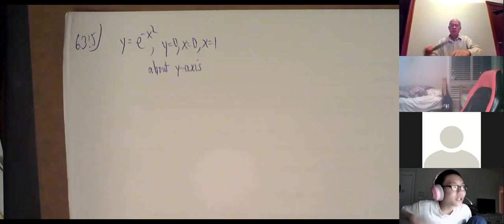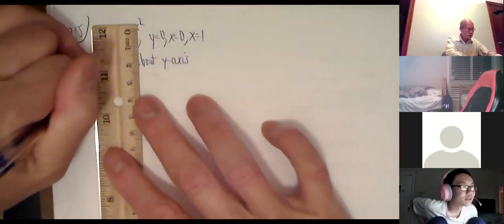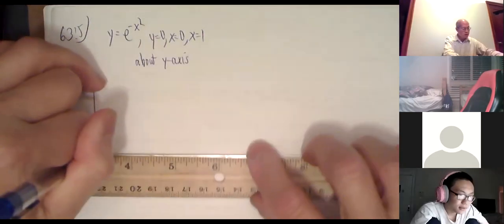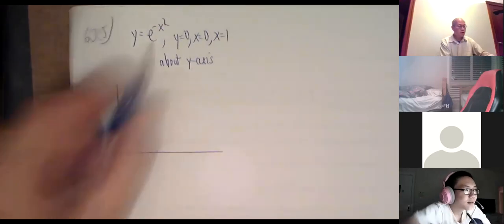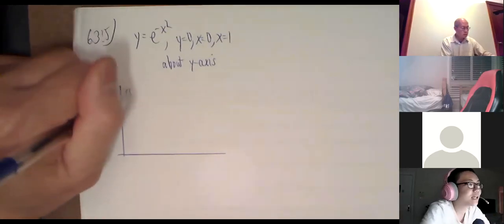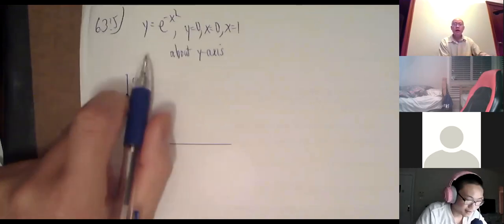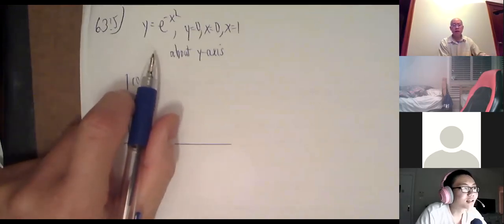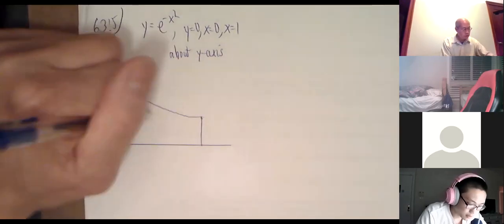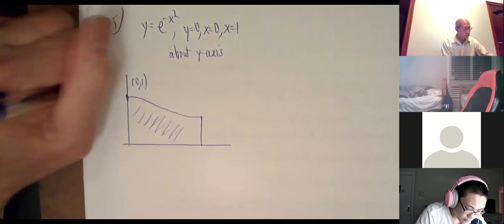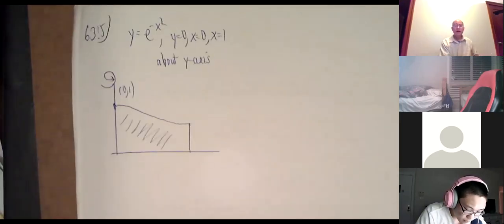You don't need an accurate graph. Plug in 0, you get 1. Plug in 1, you get e to the negative 1. That's 1 over e. That's lower. So we're going like that.